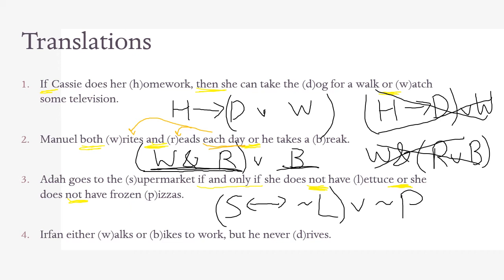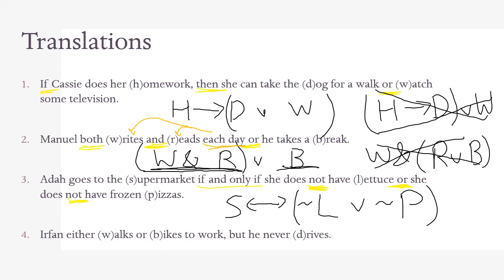And we capture that by putting the parentheses around the tilde L and the tilde P. So this way of symbolizing the sentence is saying Ada will go to the supermarket if and only if she happens to be out of lettuce or she happens to be out of frozen pizzas. If she doesn't have one of those things, she's going to the supermarket.